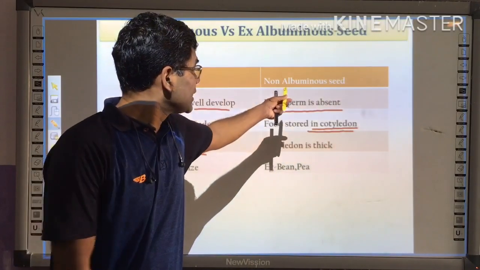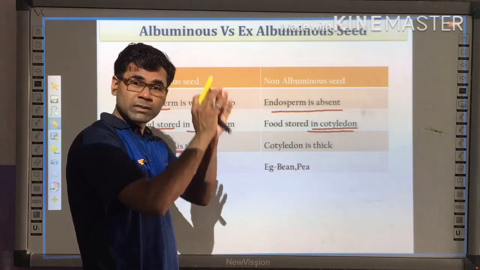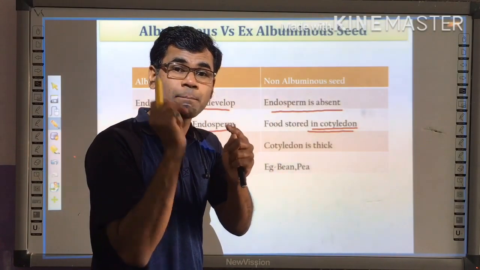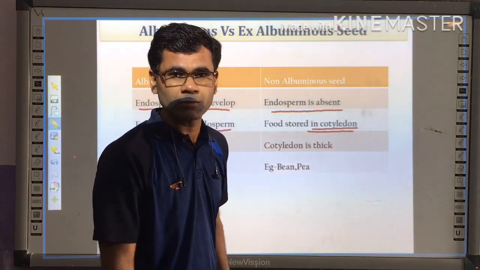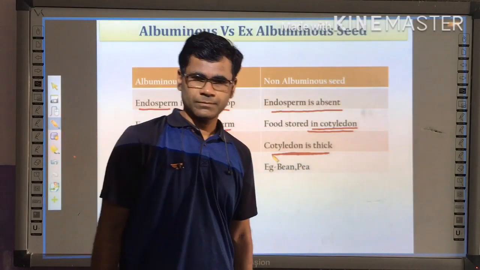But in non-albuminous seed, when the endosperm is completely absent, the cotyledon is the prime source of nutrition, and hence here the cotyledon is very thick.